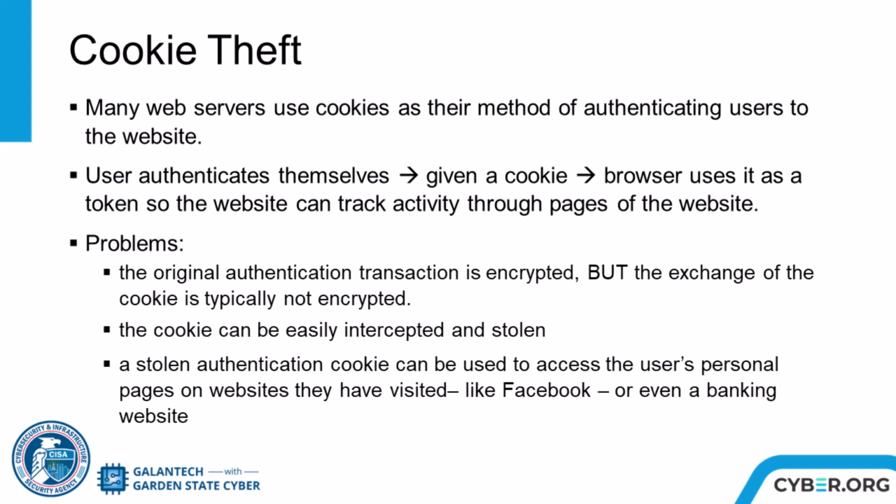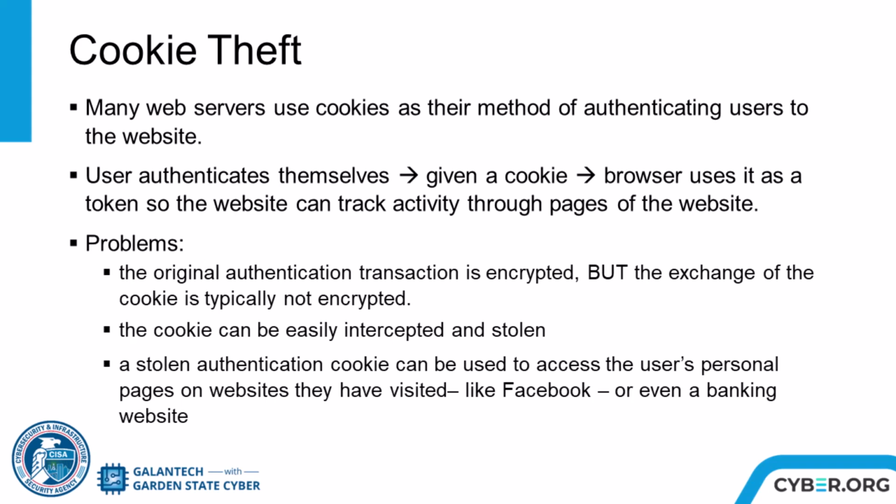This creates problems, as websites are not moving away from cookies despite their use by hackers as an attack vector. The original authentication transaction is encrypted, but the exchange of the cookies is typically not encrypted.